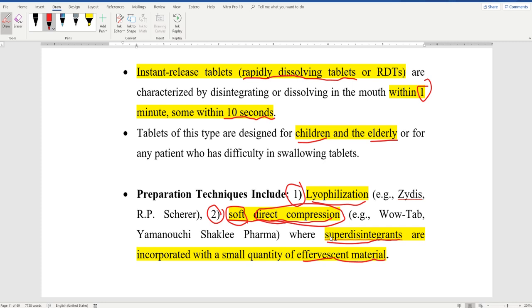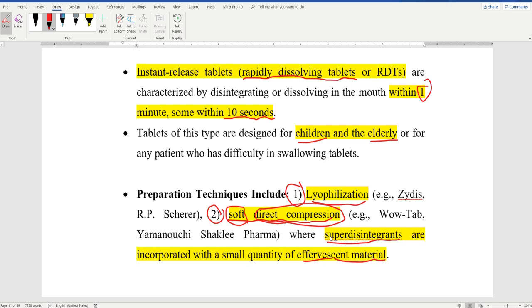Suppose I ask you to make tablets by compression, you will tell me okay, I will either use direct compression or indirect. Indirect means that first you need to prepare granules and then compress the granules, and this is a common way. Direct means that you take your formulation and you compress it directly without producing granules first.